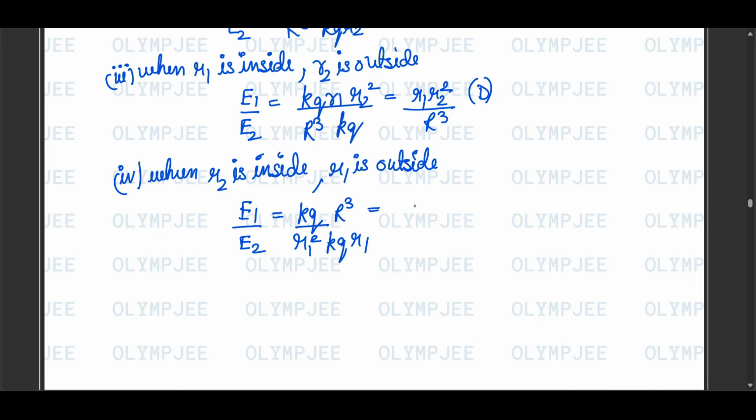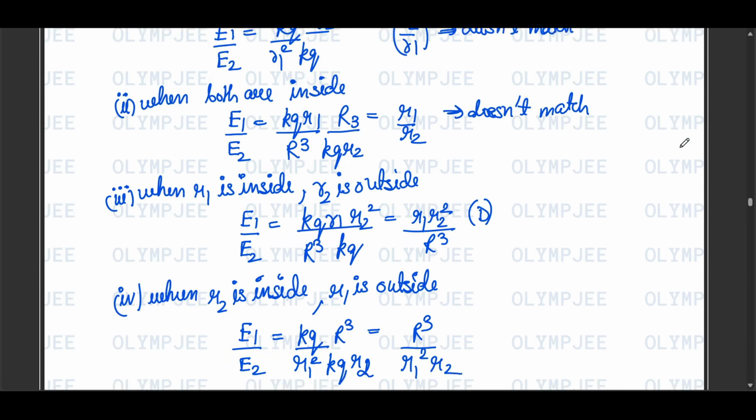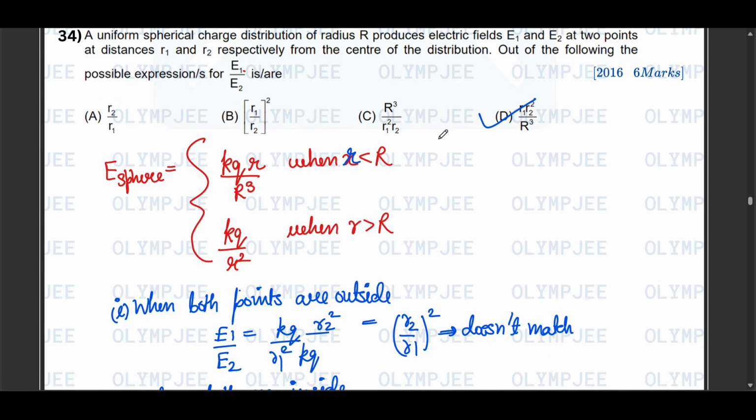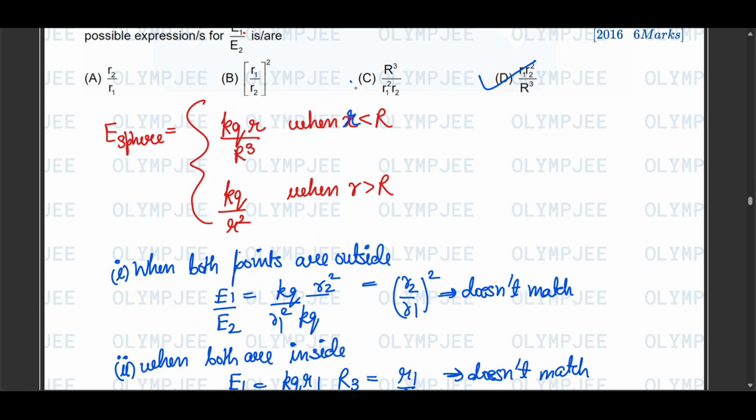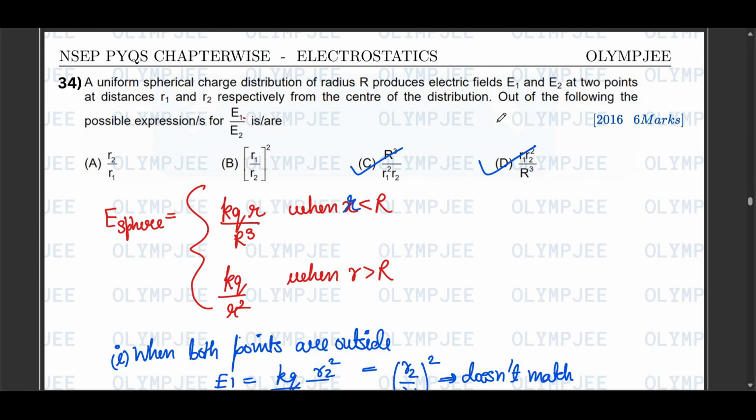So this will be r cube by r1 square, sorry, this was r2, r cube by r1 square r2. So this is option C. So C and D is the correct option for question 34.